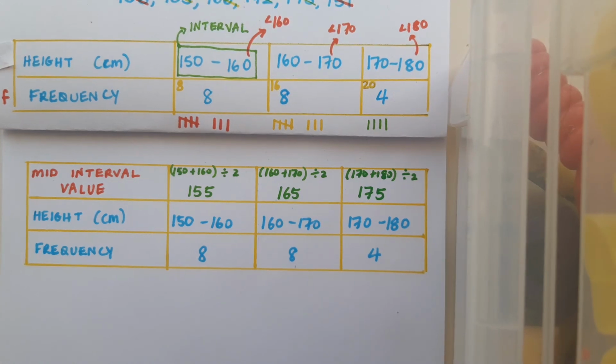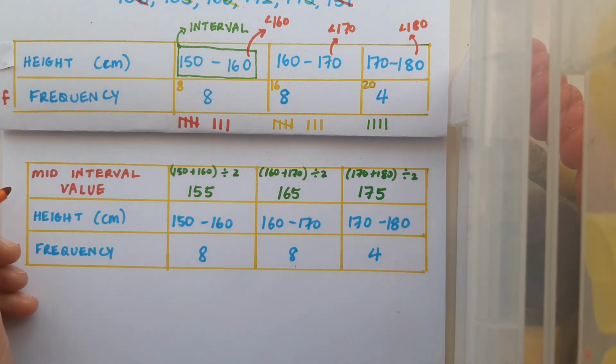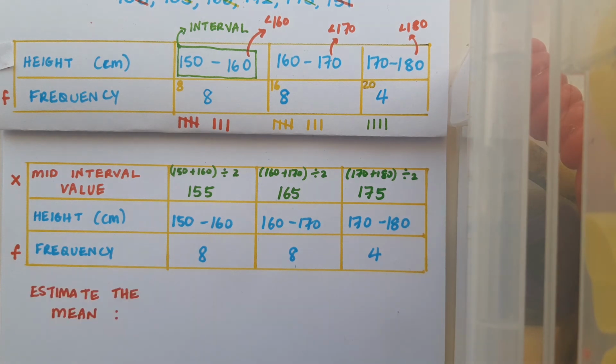Now, like we said earlier, frequency can be labelled as f. And if you recall from our last video on frequency distribution, I call my variable x. Now, in this case, the x label goes on this mid-interval value row. So don't forget, our question was to estimate the mean. The formula that we use here is the same as the formula for a frequency distribution table.